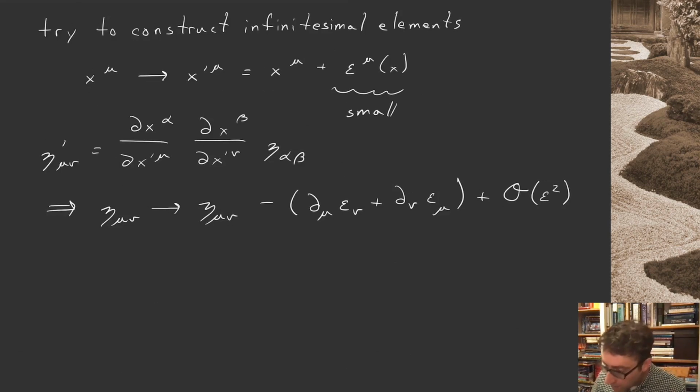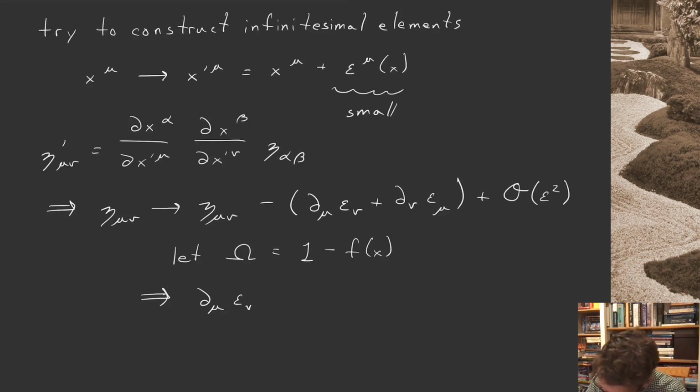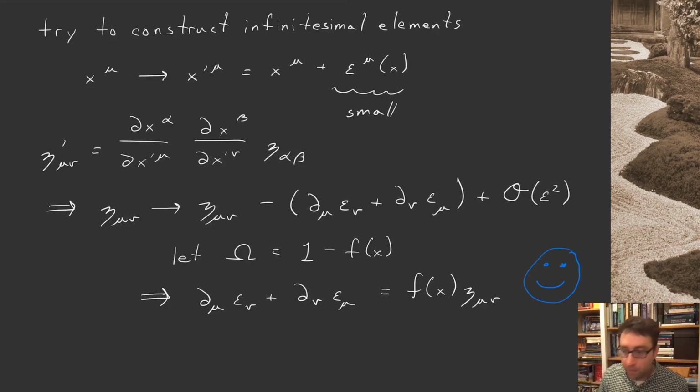Now, because of the definition, this little change has to be related to this local function omega somehow, so let's let omega, which is close to unity since it's a small element, be 1 plus some small shift f of x. Now we can identify these derivatives of epsilon with f of x times the Minkowski tensor. So this is our starting equation. This is the workhorse. We're going to keep coming back to this again and again. Let's call this the happy face equation for this lecture, and I'll refer to it as such as we proceed.